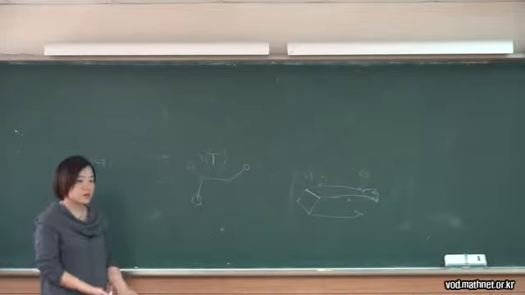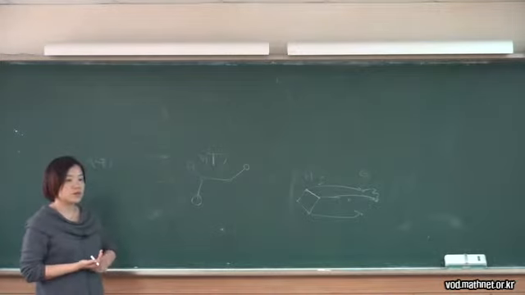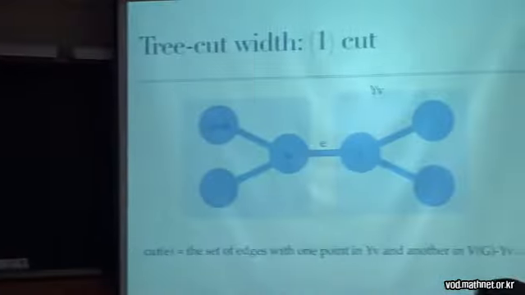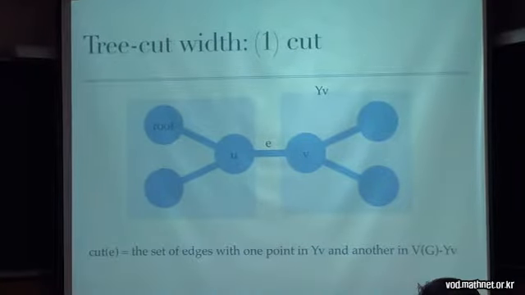So when you have a decomposition, you want to have a measure of how good the decomposition is. This is called the tree-cut width, and it reflects two aspects of this decomposition (T, chi).